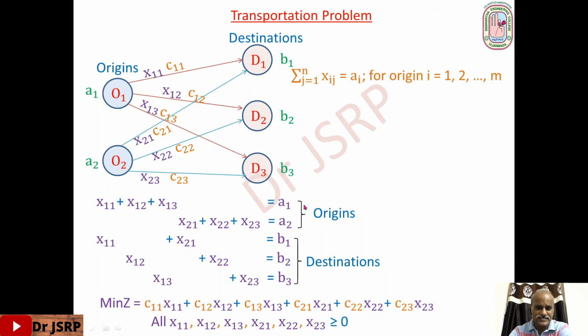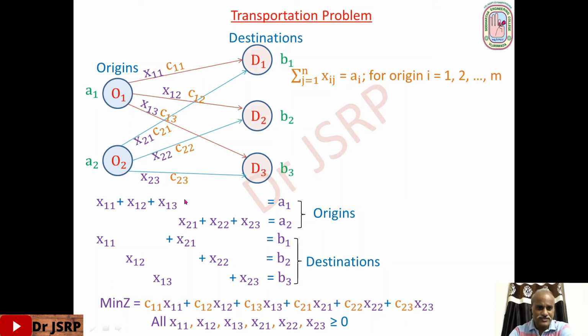So total constraints 2 plus 3, number of origins plus number of destinations. And observe the number of variables: x11, x12, x13, these three, x21, x22, x23, these three. So total 6, that is 2 into 3, number of origins into number of destinations. So 5 constraints, 6 variables.